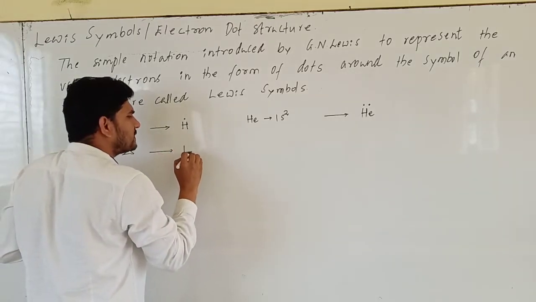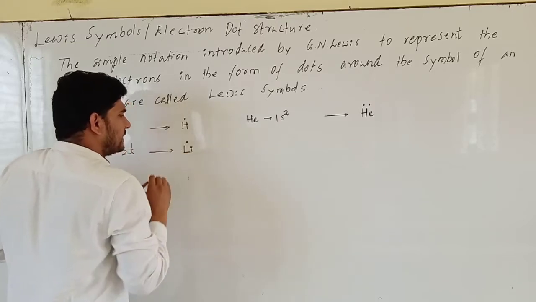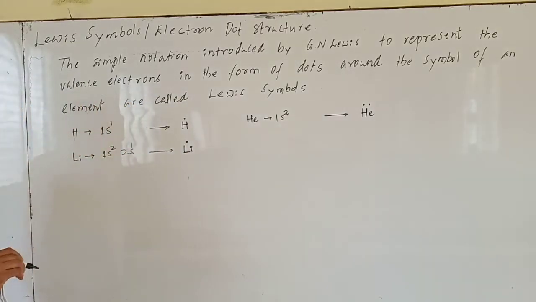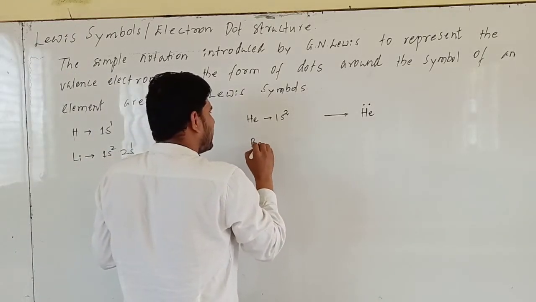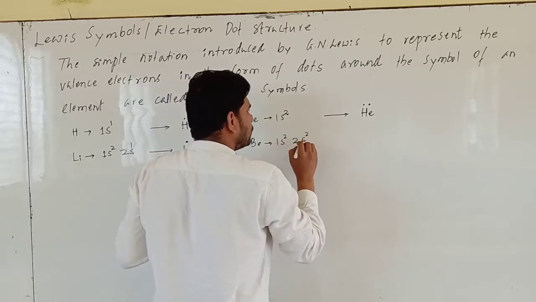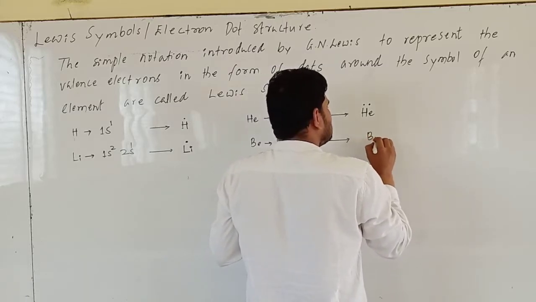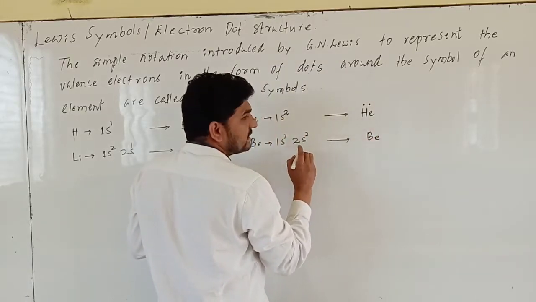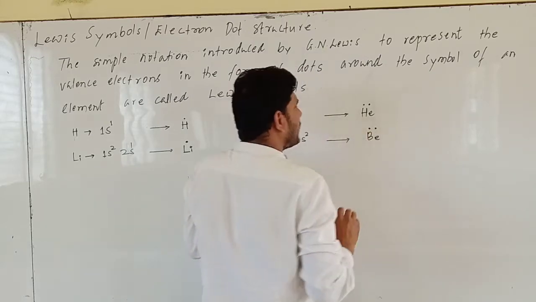Therefore, you need to represent that valence electron by a dot around the symbol Li. And take beryllium. Beryllium is 1s2, 2s2. How many valence electrons are there? Two. You need to represent these two valence electrons.